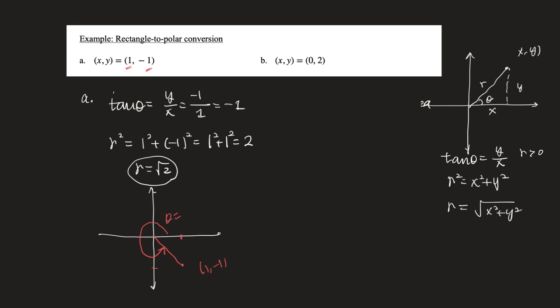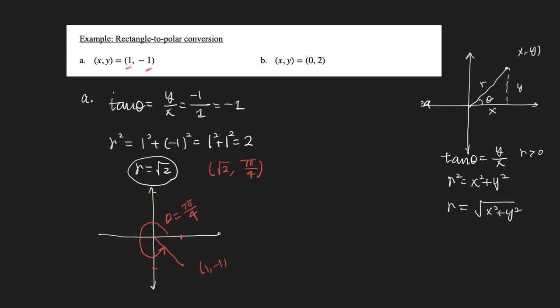This angle is in the fourth quadrant, guys, okay? So this one is 7 pi over 4. So we find the polar coordinate, square root of 2, 7 pi over 4. Be very careful with the polar coordinate. Sketch the point, then check which quadrant it is in.